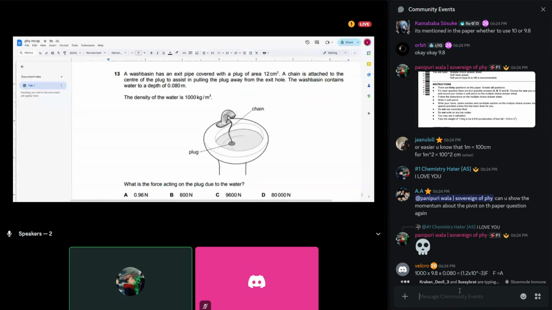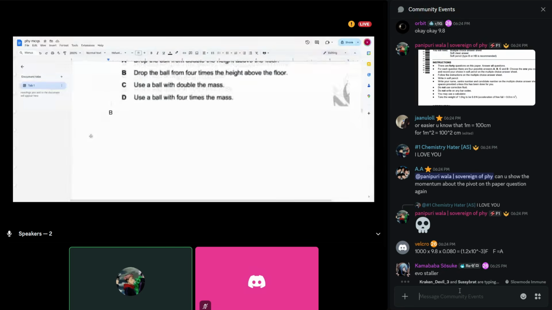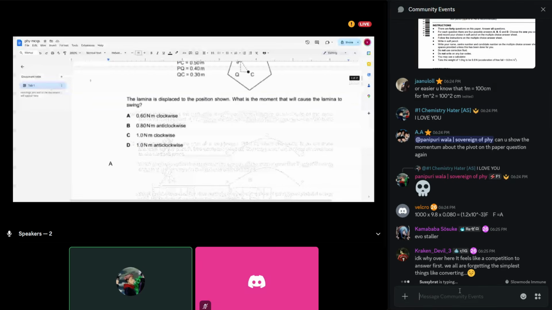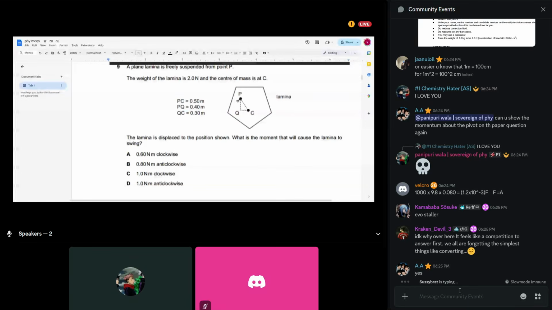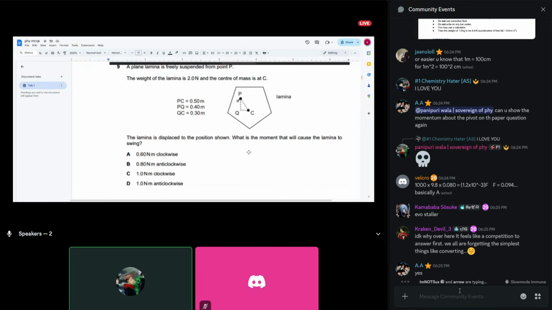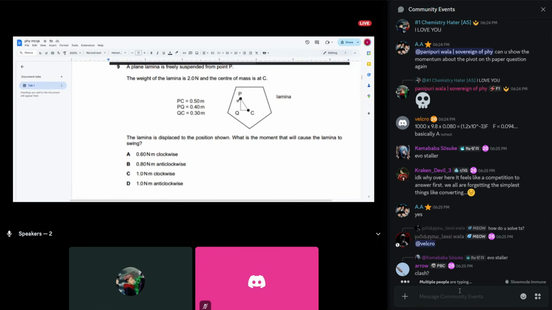You didn't understand that question? Okay. Look, I've said this before. The force acts directly downward, so we need a distance that is perpendicular to the force.